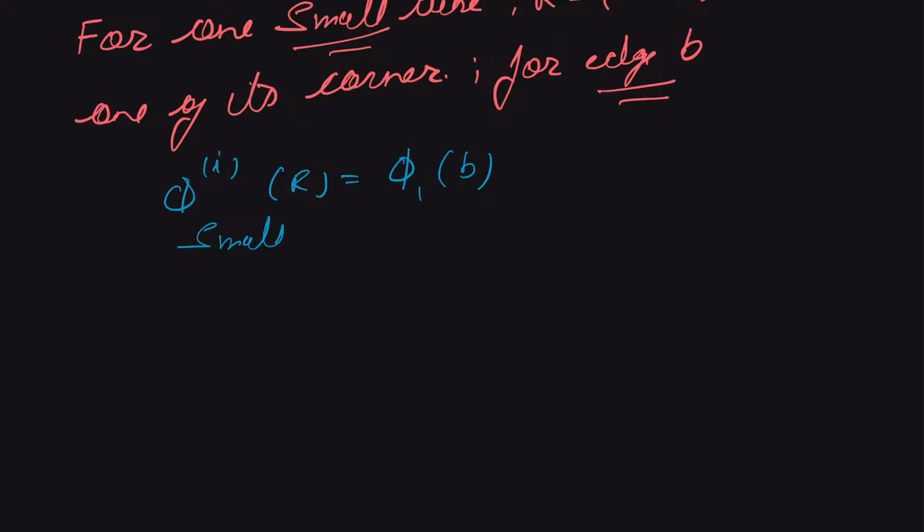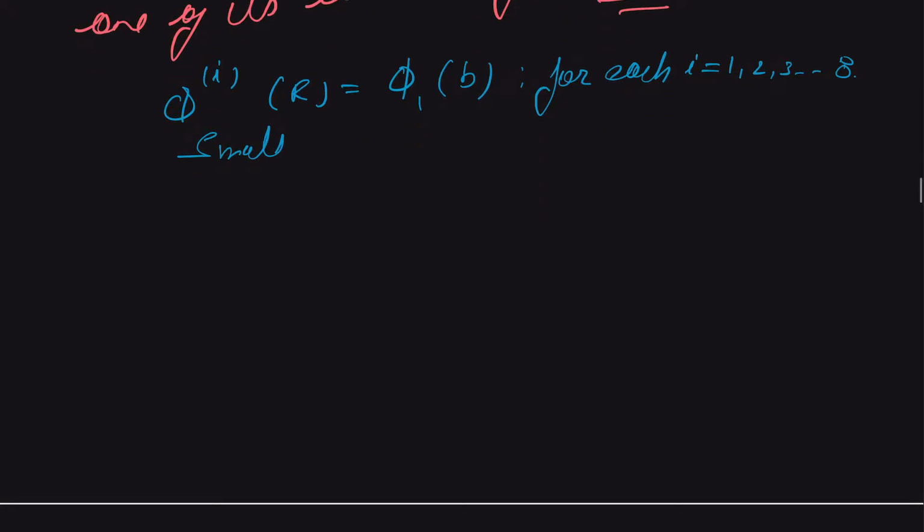And this is true for the first cube, second cube, third cube, as well as the eighth cube. So for each value of i, which varies from 1, 2, 3 up to 8, we can write that phi for the big cube at r will be equal to 8 times phi 1 b.